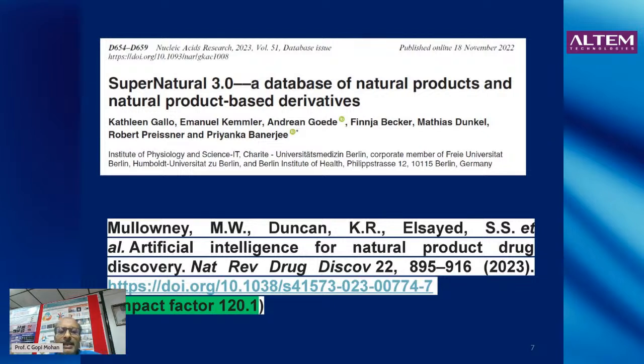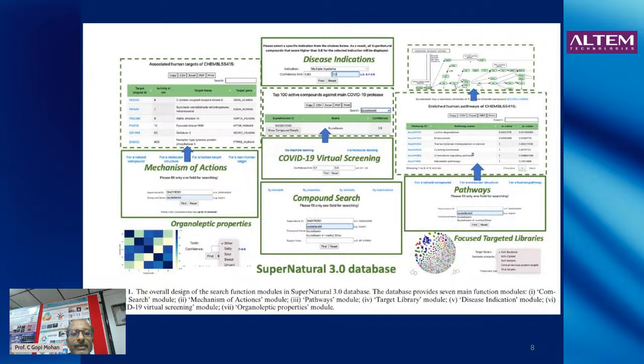So these are the high-end articles which can be utilized to get information on the latest trends, and how we can utilize all this data discovered from this literature in our data mining, as well as our drug discovery program in natural products and derived compounds for different therapeutics. So this is the SuperNatural 3 database outlook.